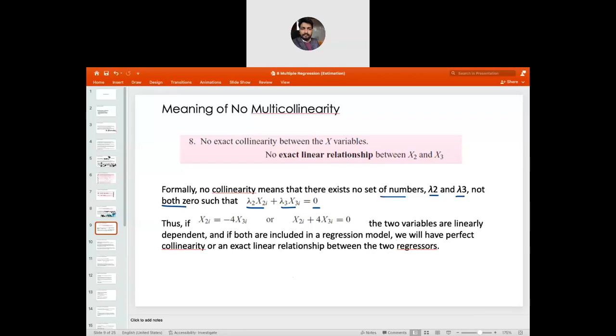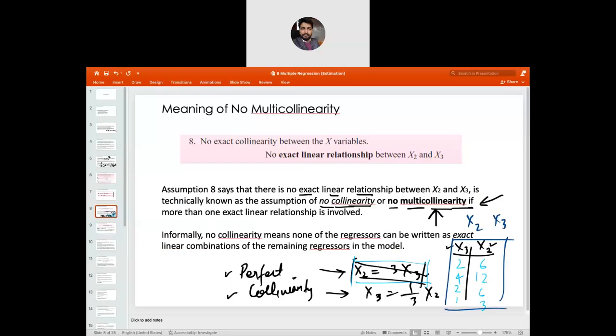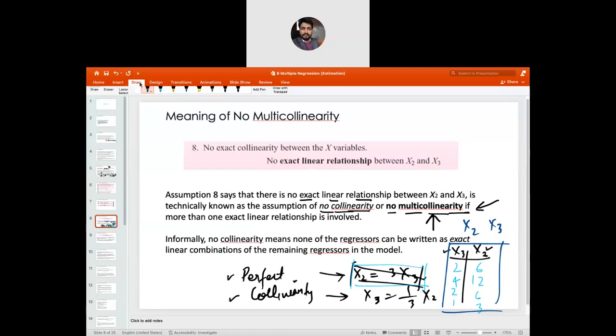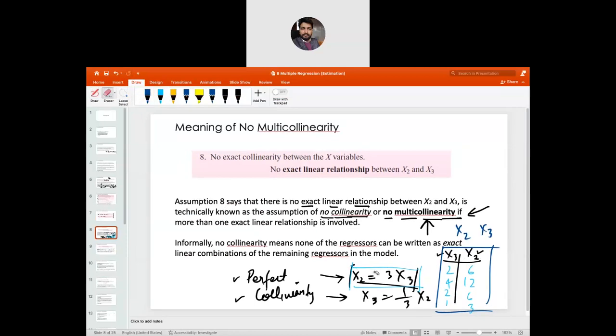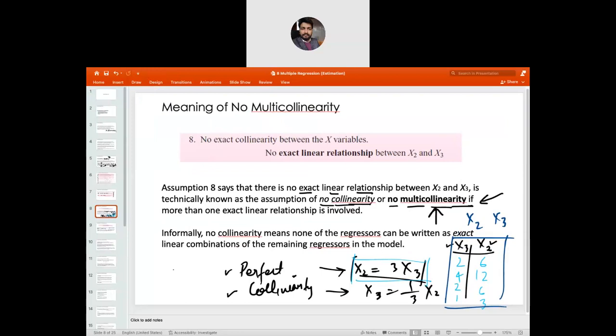So in my case here, when I said x2 equals 3x3, what is lambda, right? So let me start from here. x2 equals 3x3, and let me take my x3 to the left. x2 minus 3x3 equals 0. So my lambda 2 is 1 and my lambda 3 is minus 3, right?